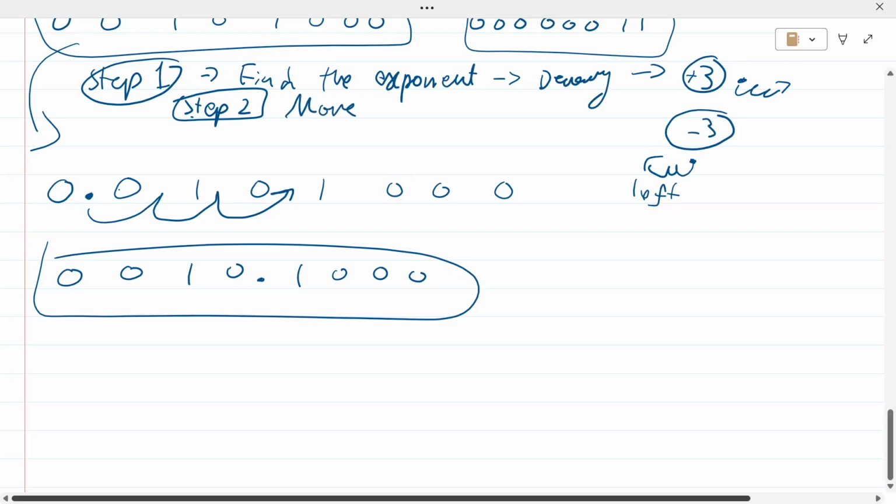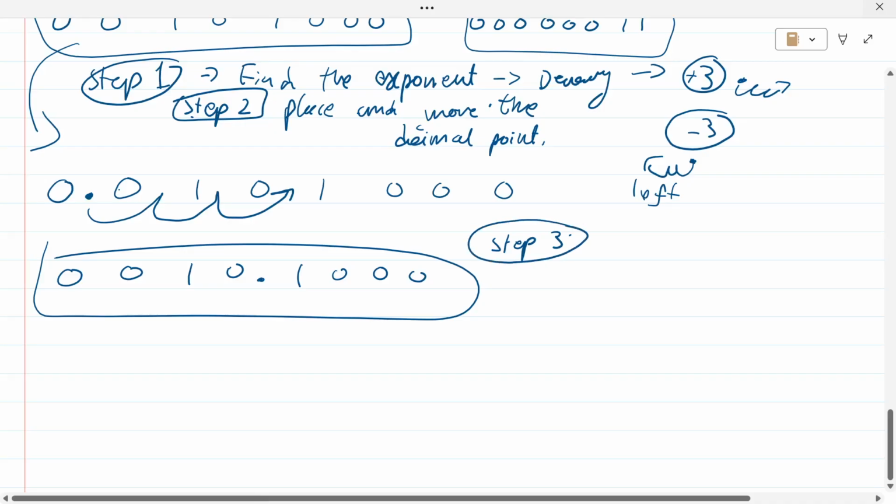Move. Rather, I should write place and move the decimal point, right? See, place and move the decimal point. Now the third step would be to convert from decimal to finally binary, right?